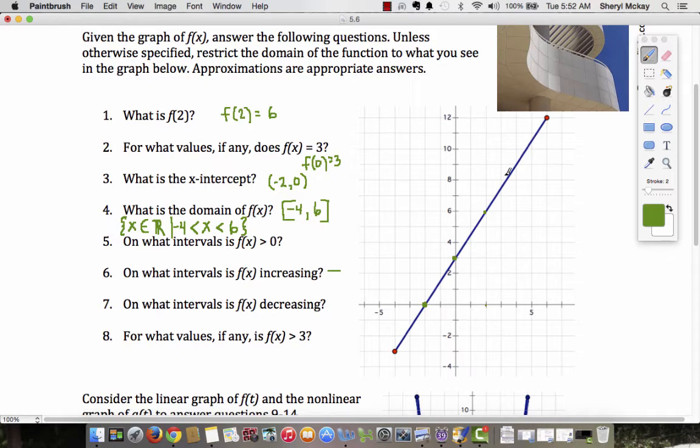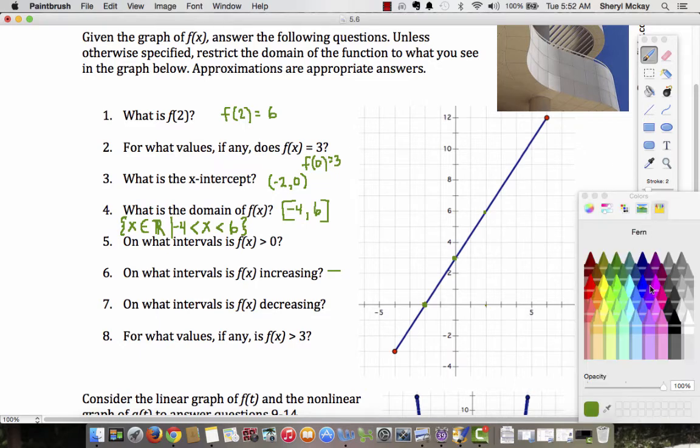Okay. So let's look at this and decide, when is f of x greater than 0? Well, it's greater than 0 from here all the way up, right? It's not greater than 0 down here, is it? It's greater than 0 up here.